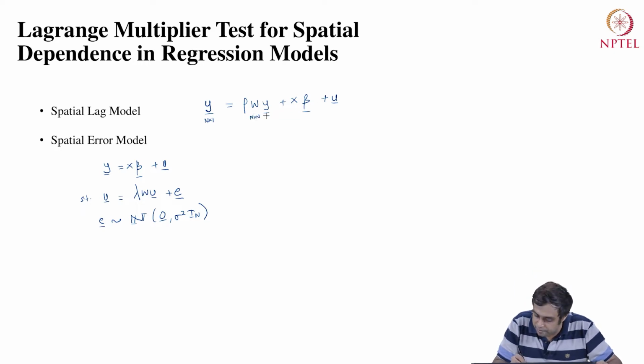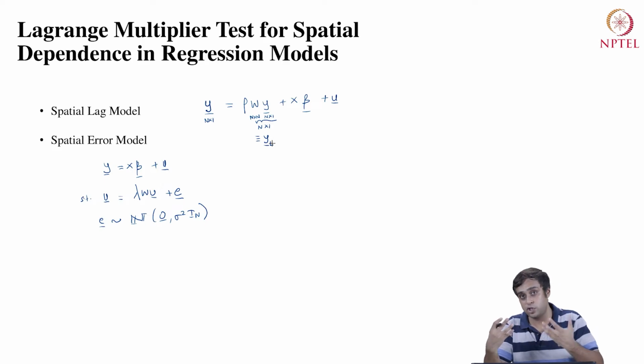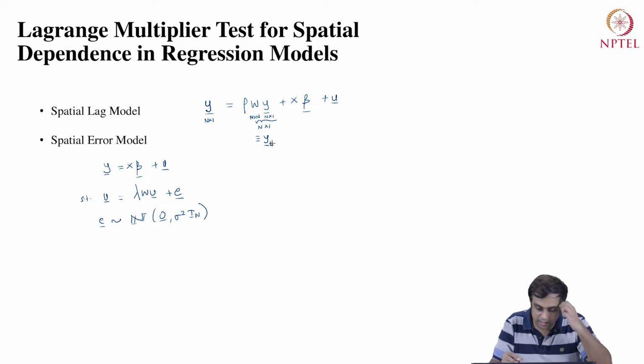W is an n by n matrix, and Wy is again n by 1. We have defined this as YL, the spatial lag notion of modeling spatial processes, just parallel to the time lag. X is an n by k matrix of k covariates, and beta is a k by 1 vector of coefficients.